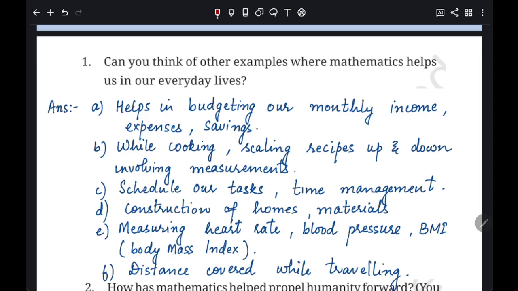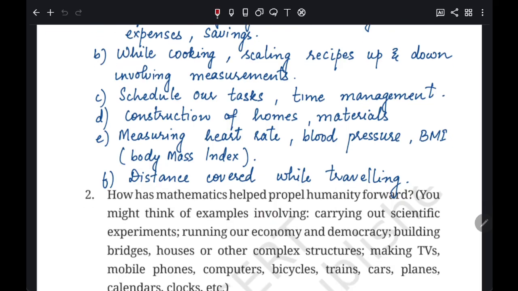Schedule our tasks, time management, construction of home, how much material is required, measuring heart rate in case of health checkups, BP, BMI, body mass index, distance covered while traveling. All these are some real world examples where mathematics helps us in our everyday life.